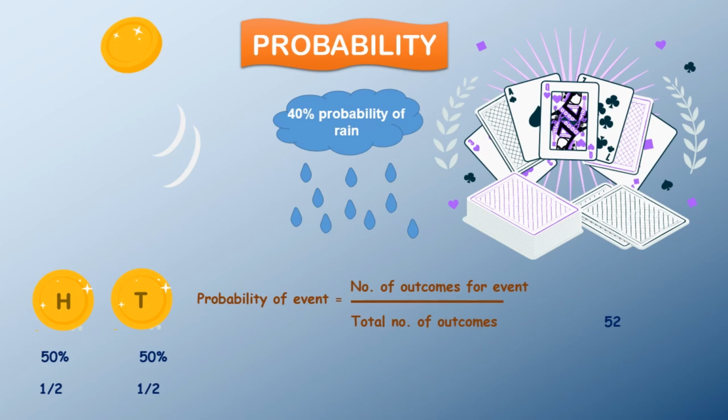But since each card has an equal chance of being picked, all 52 cards would be picked once out of 52 different outcomes. Therefore, if I want the ace of hearts, then the number of outcomes for that will be 1. And the probability that I will pick the ace of hearts will be 1 by 52. And this will go for every other card.